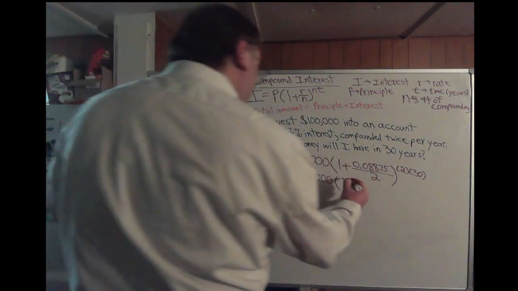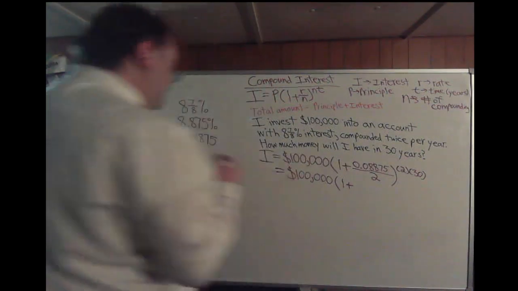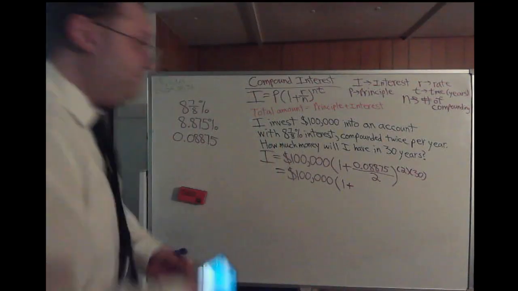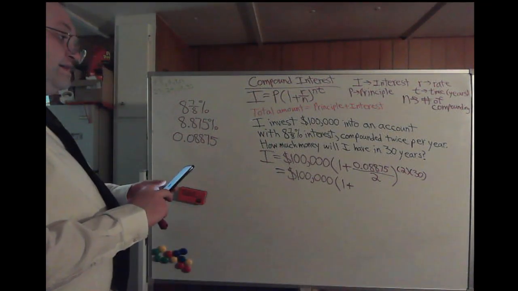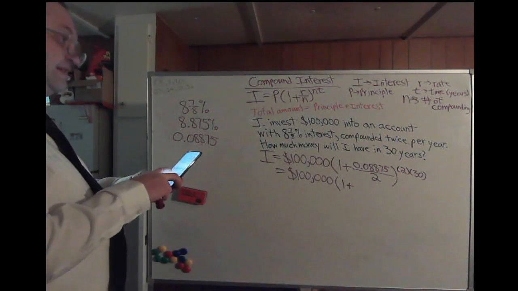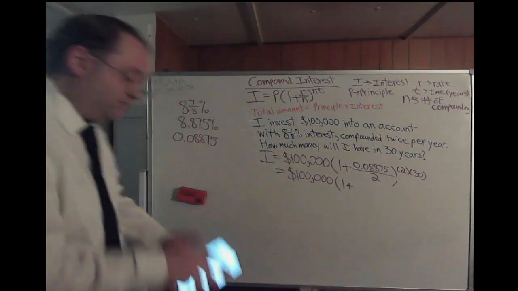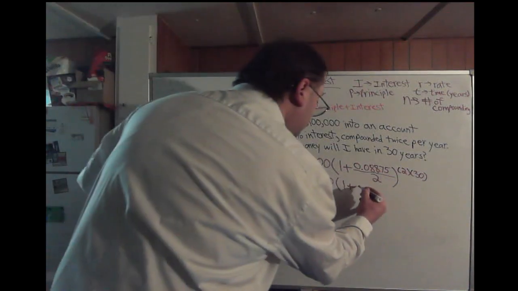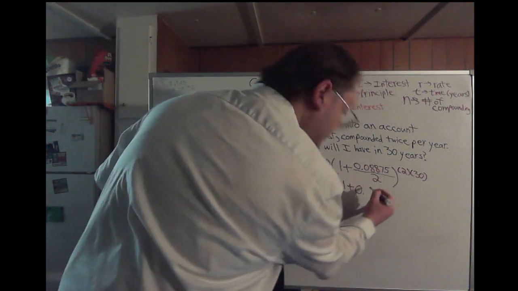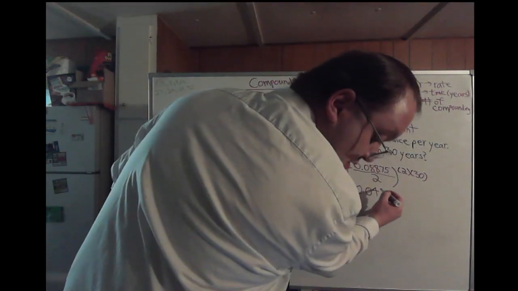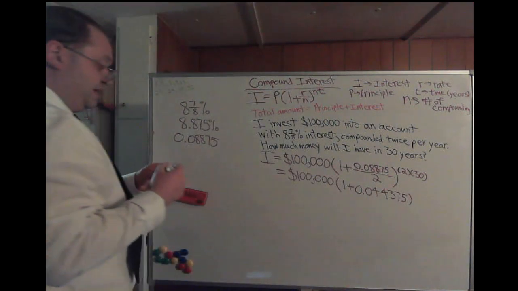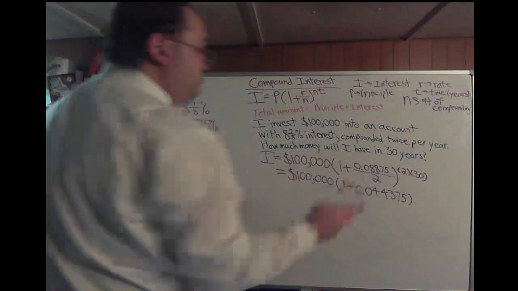Times 1 plus, we're going to have fun sticking this into the calculator. Let's take 0.08875 and divide that by 2. If you divide the rate by 2, you get 0.044375.